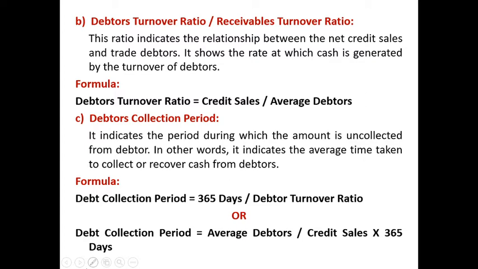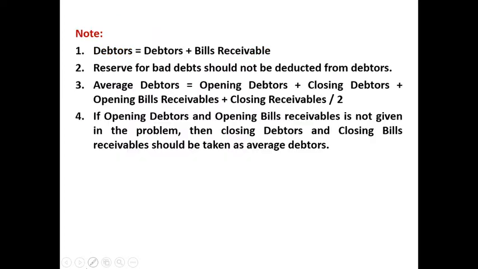The formula for this is: debt collection period is equal to 365 days divided by debtors turnover ratio, or we can write debt collection period is equal to average debtors divided by credit sales into 365 days.